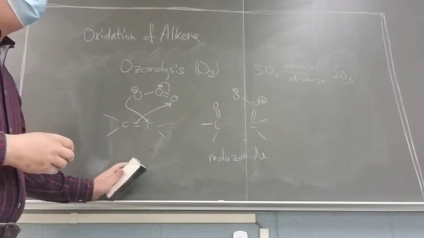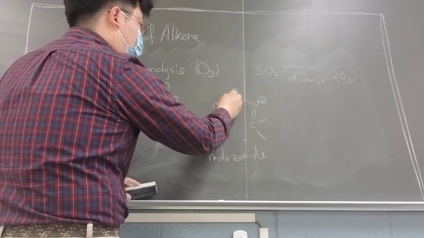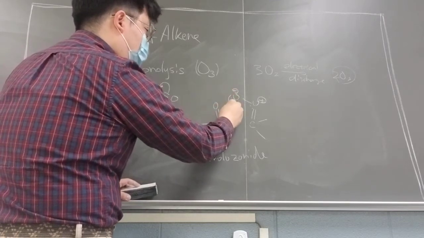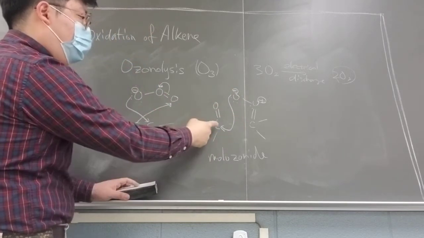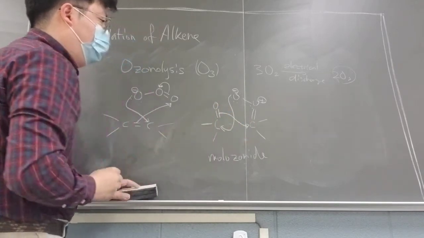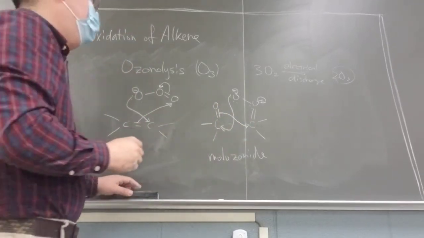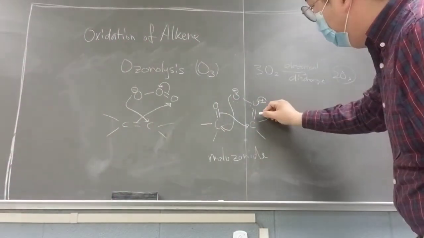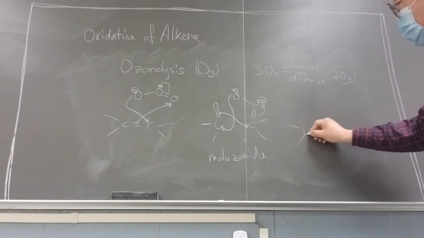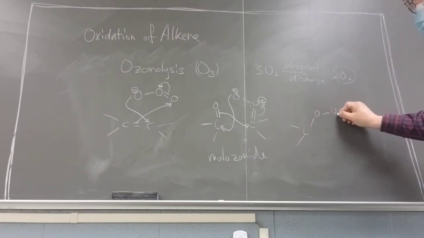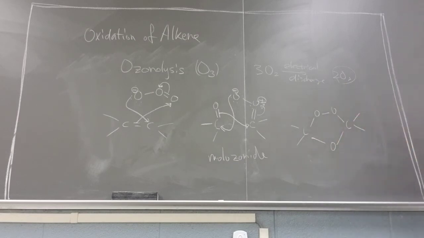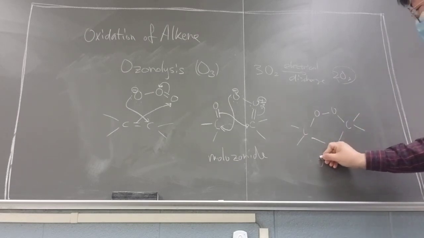Then this negative charge can attack the carbon here, and the pair of electrons goes to there. If that happens, finally they form the ozonide. It looks like this. Okay, so ozonide.